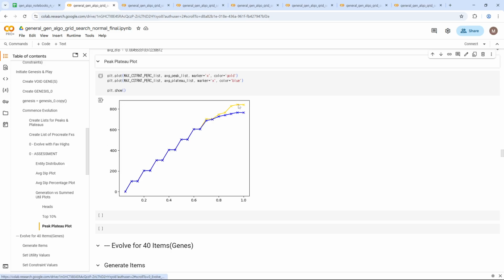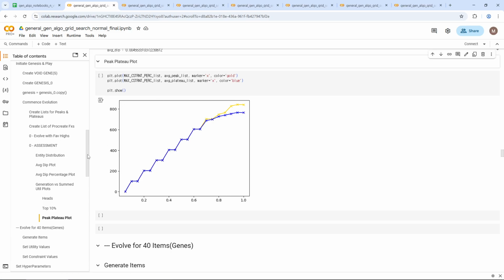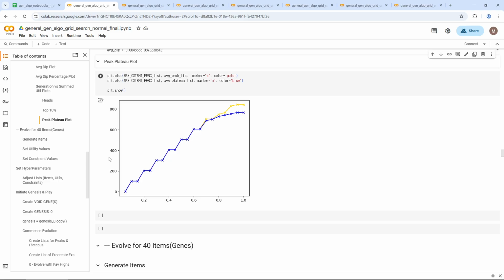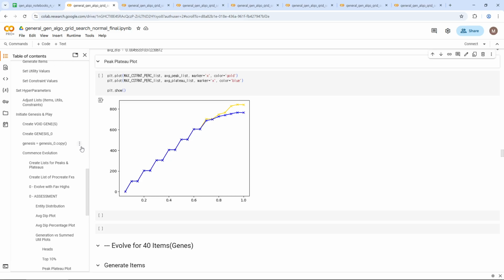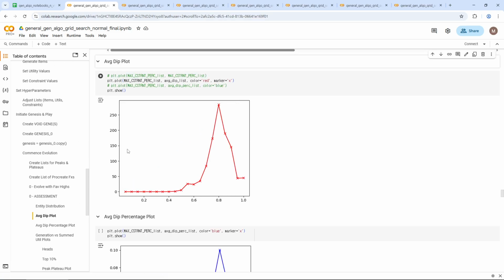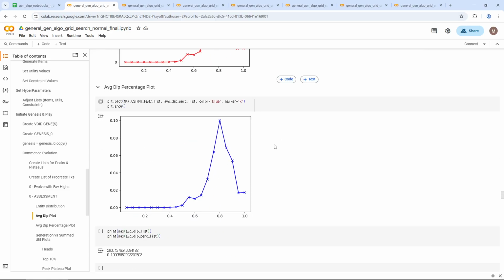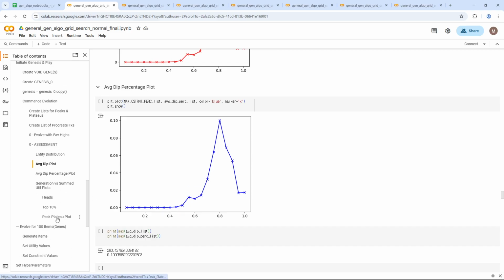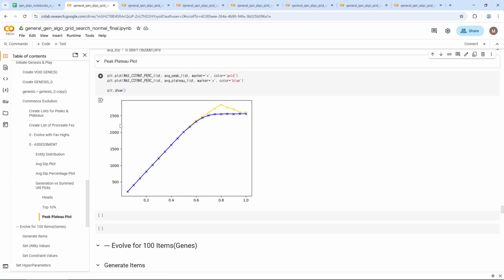So let's just stick to the peak plateau plot for the sake of making this video shorter. For 40 items, the average dip plot looks like this, the average dip percentage plot looks like this, and if we go back to the peak plateau plot for 40 items, this is what it looks like.